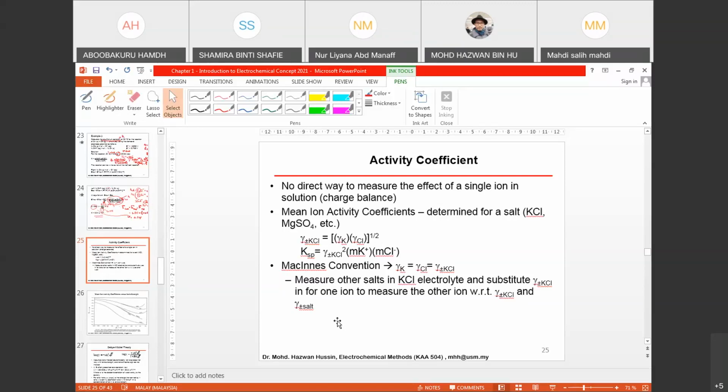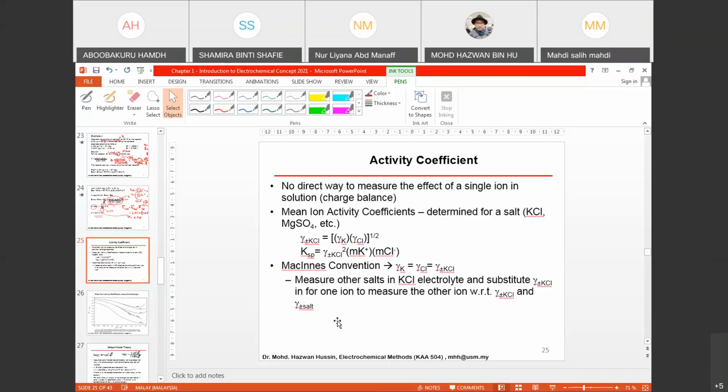Because salts normally exist as charge-balanced salts, the symbol that is used for activity coefficient is gamma. So gamma of KCl. KCl salt, when it dissociates in water, becomes K plus and Cl minus. So you have to consider the activity coefficient of K plus and also the activity coefficient for Cl minus.